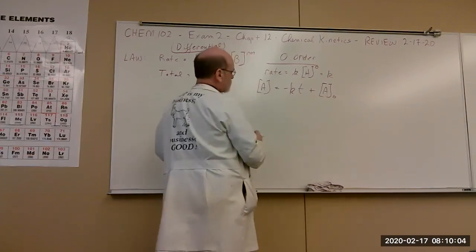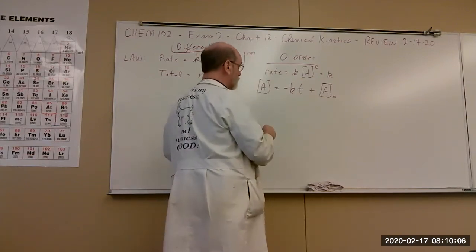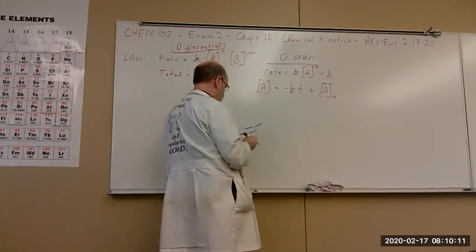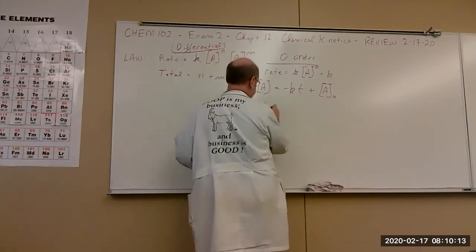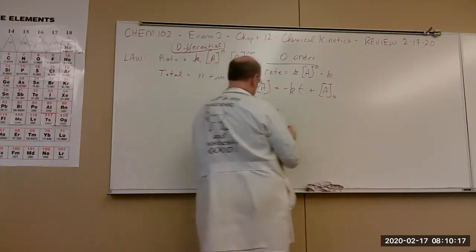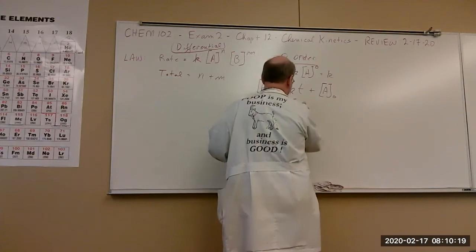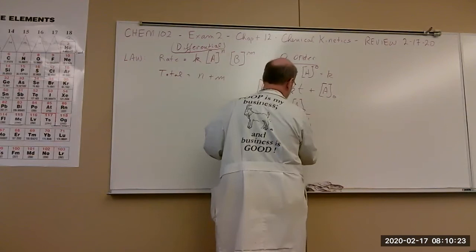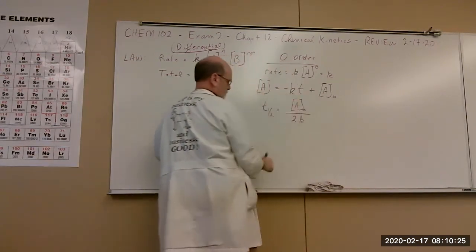And the other information that you can gather from the rate laws is half-life. So the half-life of the zero order reaction is your starting concentration divided by 2 times that constant.